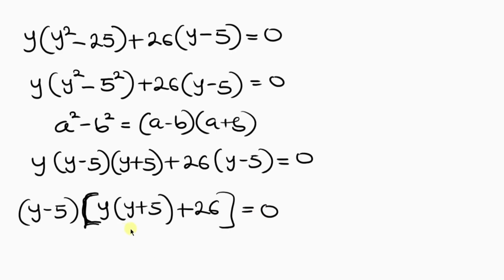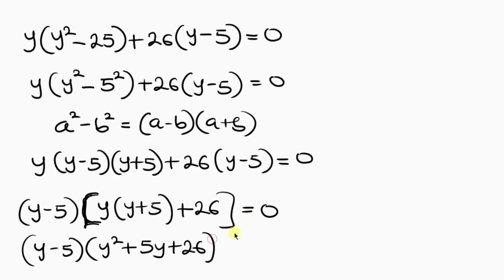Now, our next step will be for us to open up this bracket. So we have y minus 5 times y is y squared plus y times 5 is 5y, and then plus 26, close bracket, equal to 0. So we have two cases here.